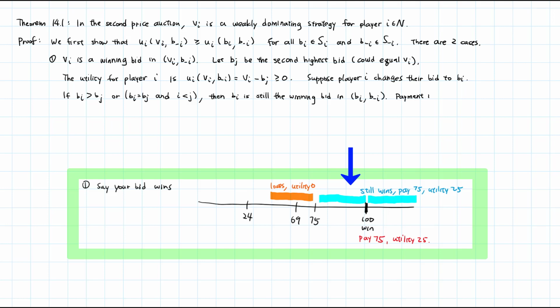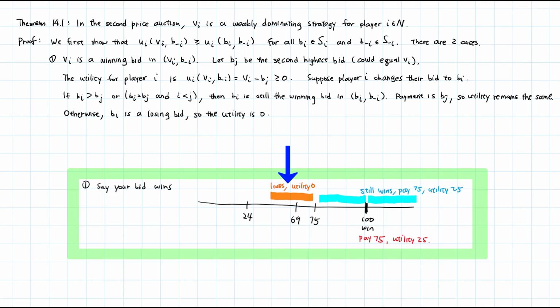The payment is still BJ, so the utility remains the same. Otherwise, BI is a losing bid, so the utility is 0. And this is at most the utility of playing VI because that utility is at least 0. So the utility of playing VI is at least the utility of playing anything else.